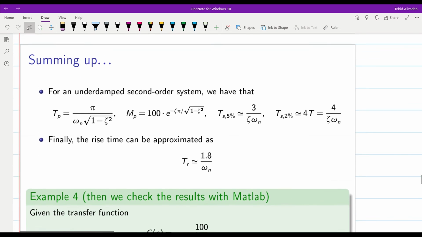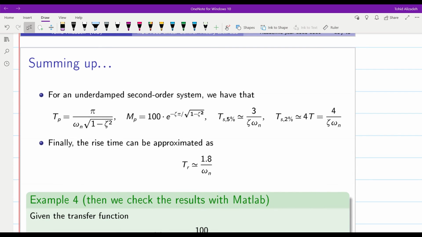Now we can sum up. These are the evaluations that we have for the step response parameters of the underdamped second order systems. You know how to do it for the critically damped and overdamped systems. We have the expression for T_p, the peak time.